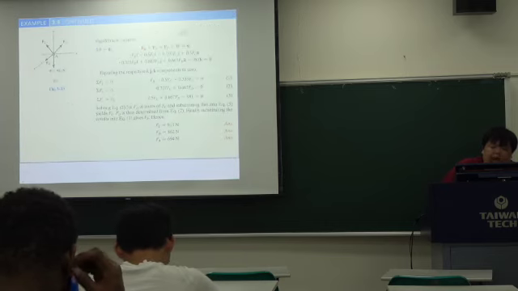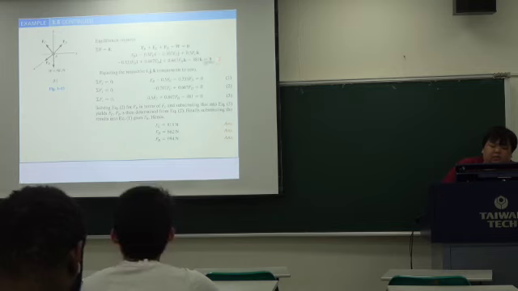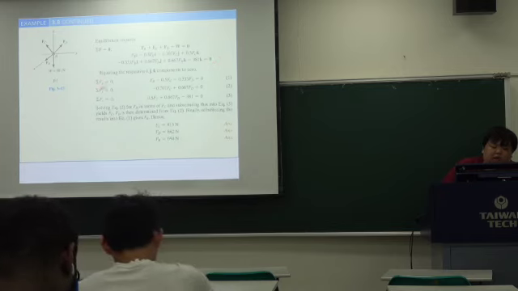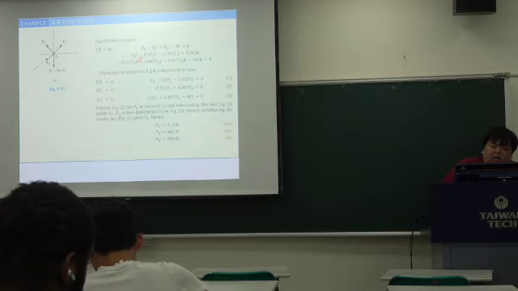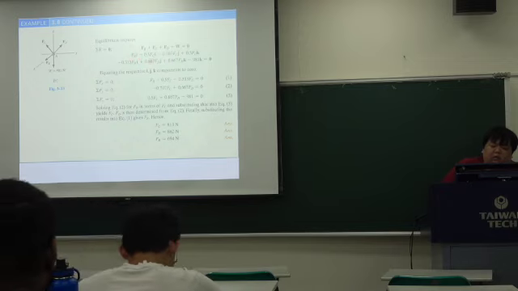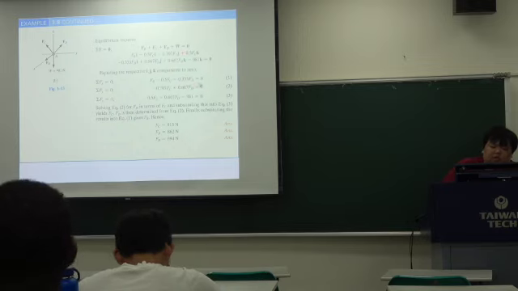So in summary, every force together is equal to 0. Then we use the summation Fx, Fy, Fz is equal to 0. So the i part combined together, the sum of the i part is equal to 0. Then the sum of the j part is equal to 0. The sum of the k part is equal to 0.